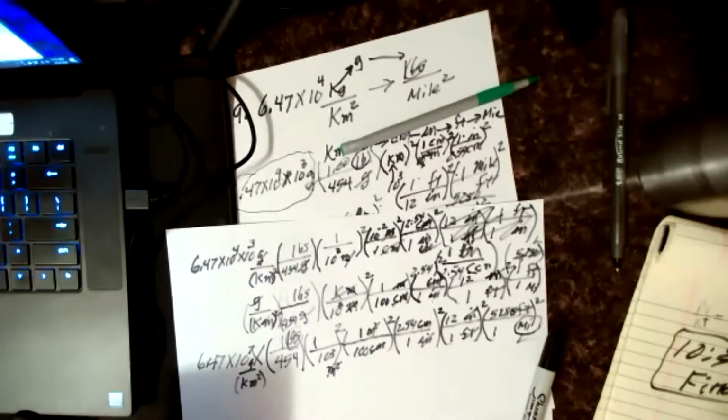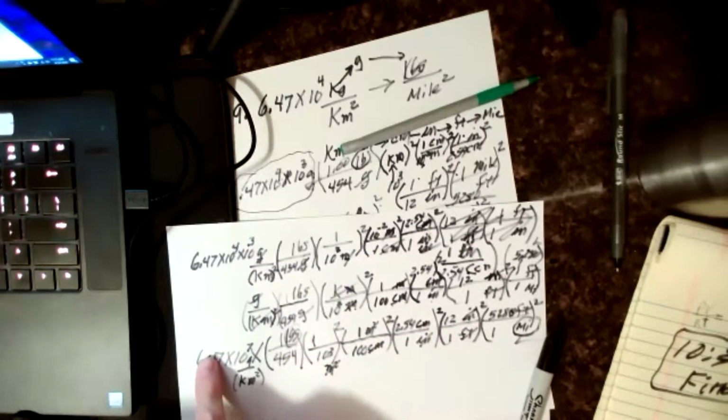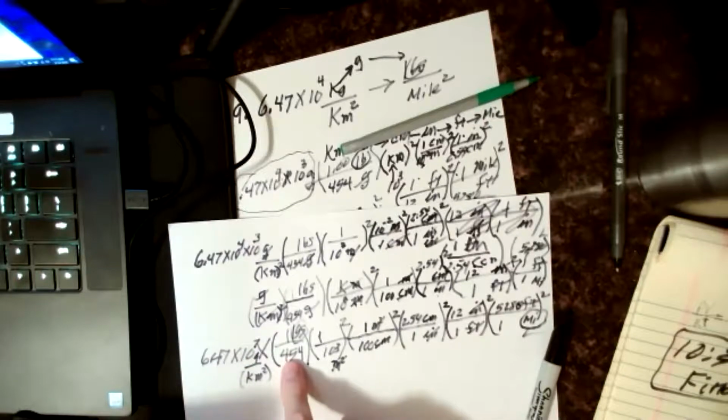And I want to multiply that by 2.54 squared. And I want to multiply that by 12 squared. And multiply that by 5,280 squared. And now let's just look on my screen and see if I'm tracking. 6.47 times 10 to the 7th divided by 454.